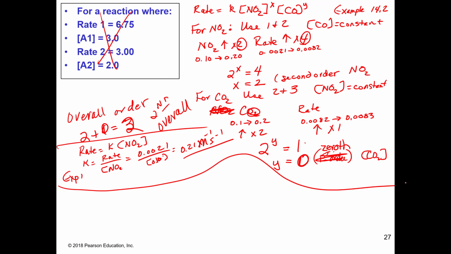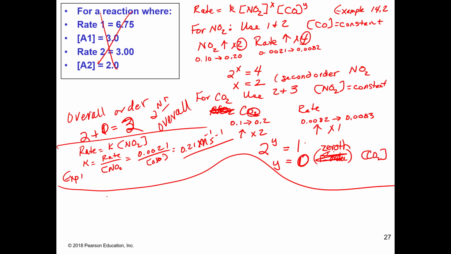If I wanted to do A, for example, I would put the rate of 2 over the rate of 1. Usually you want to put the big number over the little number, that way you don't have to deal with fractions. And then you put the concentration of A in each of those.